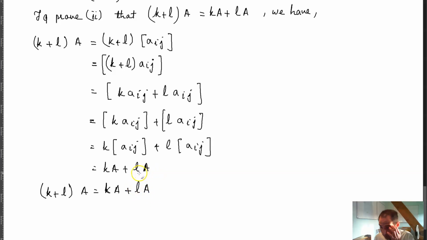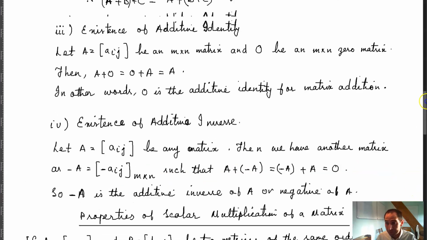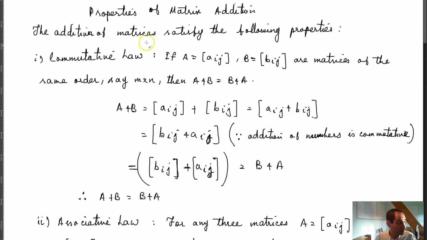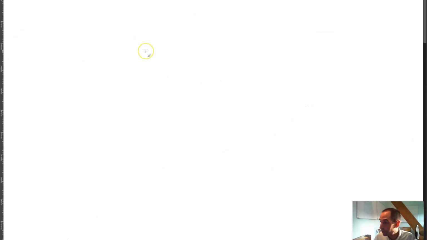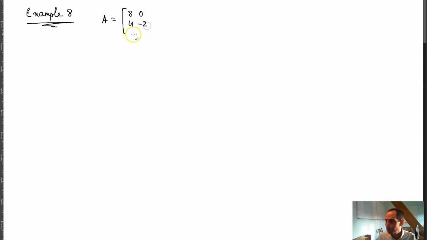Now, as an example, suppose that this is example number 8. Suppose that you have a matrix A as 8, 0, 4, negative 2, 3, and 6.